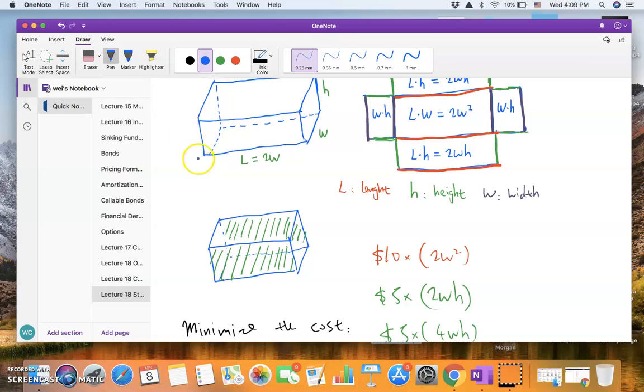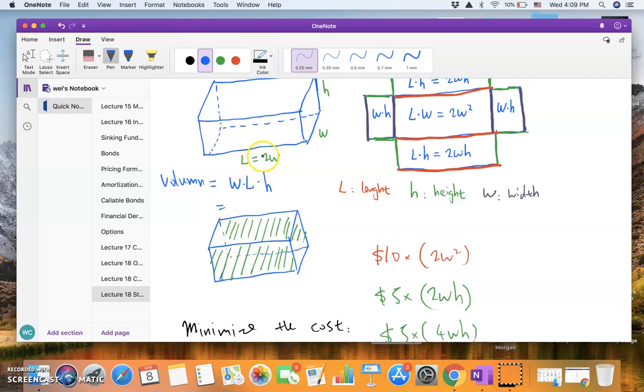What is the formula for the volume? The volume equals the area of the base multiplied by the height.